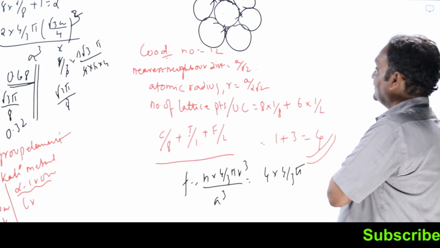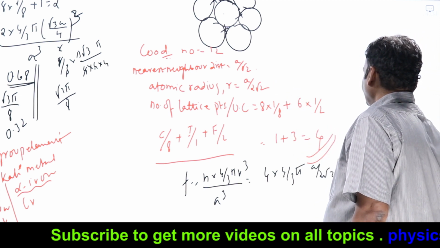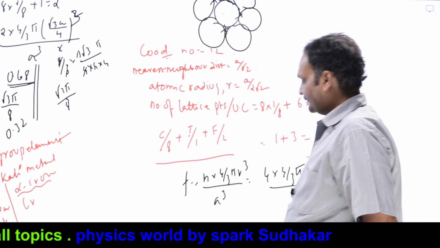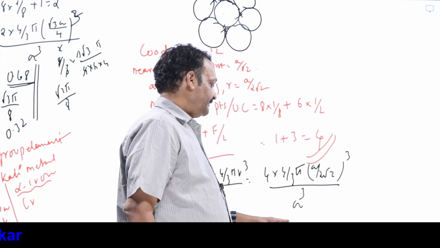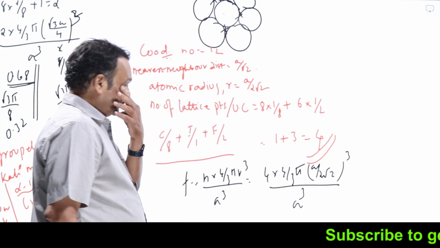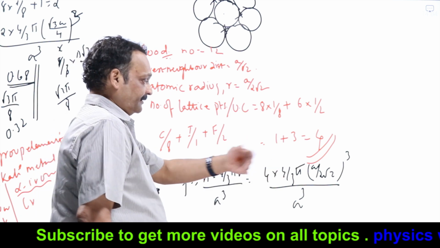What is the radius r of each atom? A by 2 root 2, A by 2 root 2 whole cube by A cube. If you simplify this, A cube and A cube get cancelled, 4 by 3 pi into A by 2 root 2 whole cube, where 2 root 2 whole cube is 2 cube into root 2 cube. Simplify.